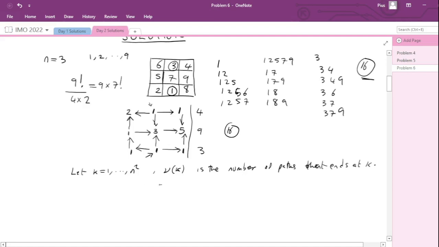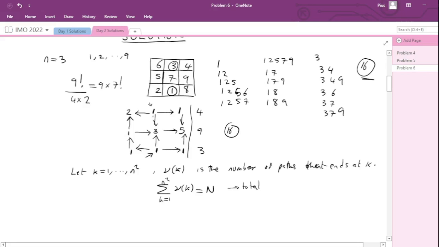And of course, we know now that what we need is to just add all this from 1 up to n squared. So add all the k's, and that will give us a value that is the total number of paths, because every path must have a beginning, which is a valley, but it also must have an ending. And so we are just keeping track of based on the ending. So we have split them into different categories based on the ending.